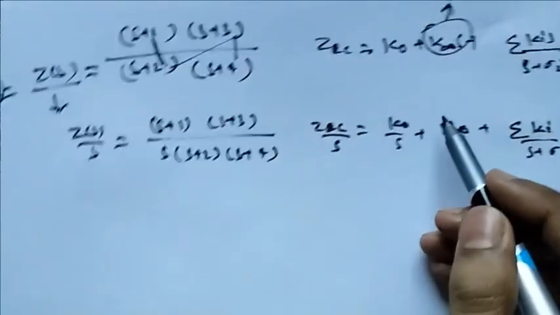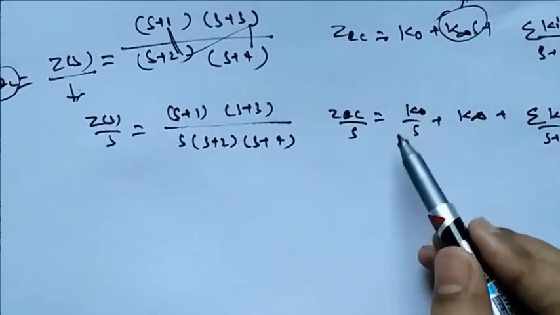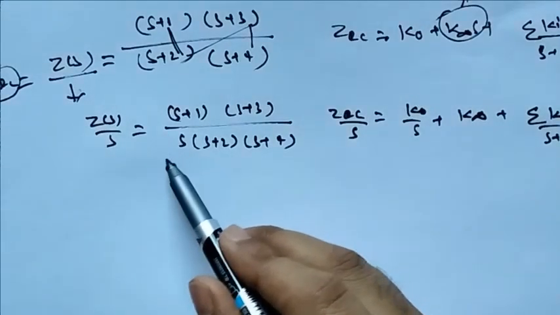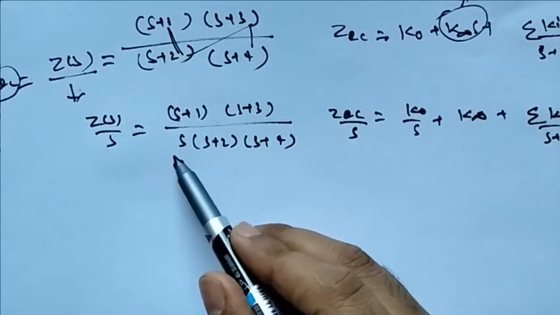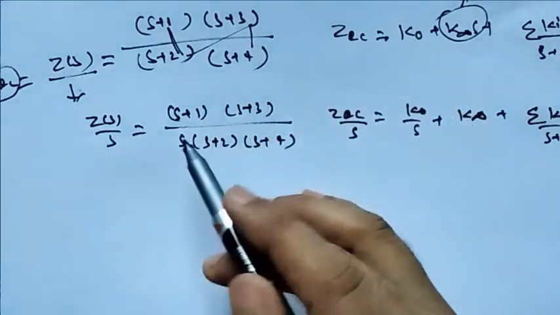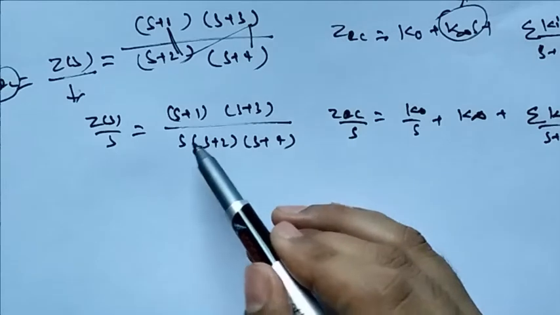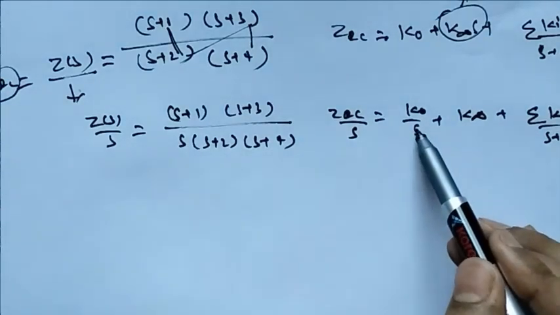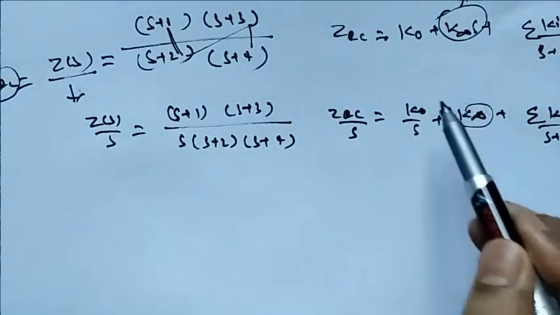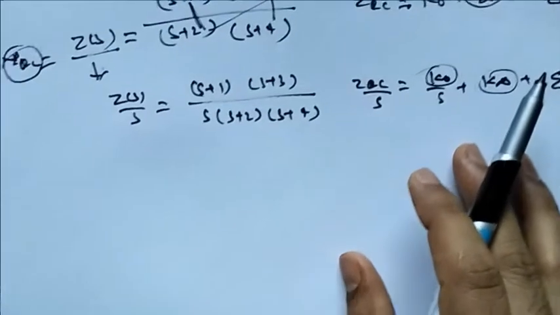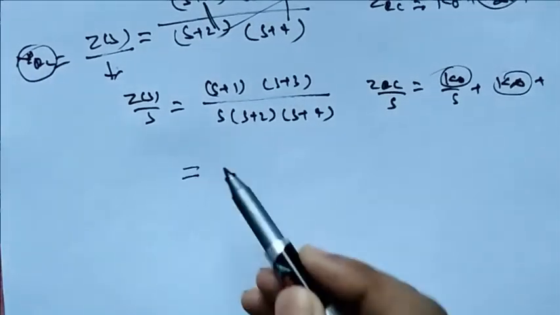Now we need to find K naught, the residue at S equal to 0. If I put S equal to 0, what will be our residue?